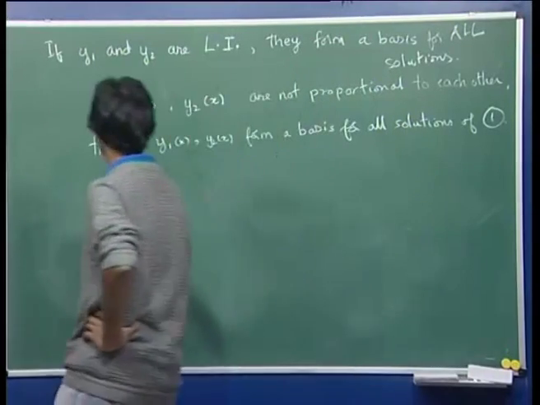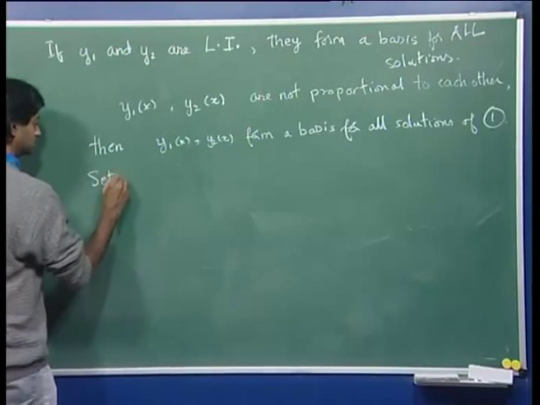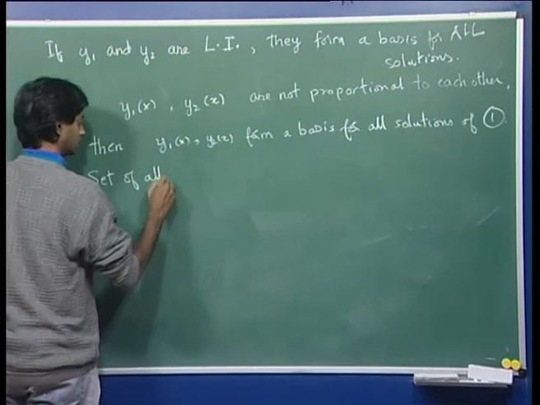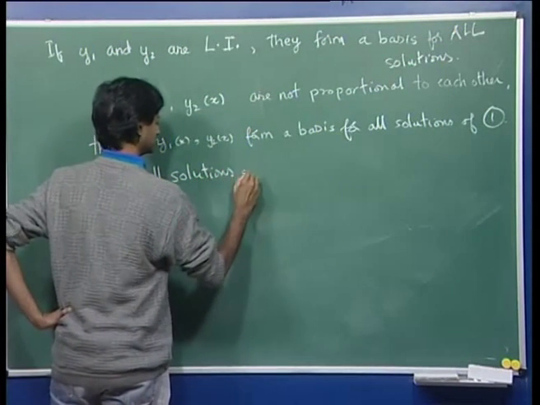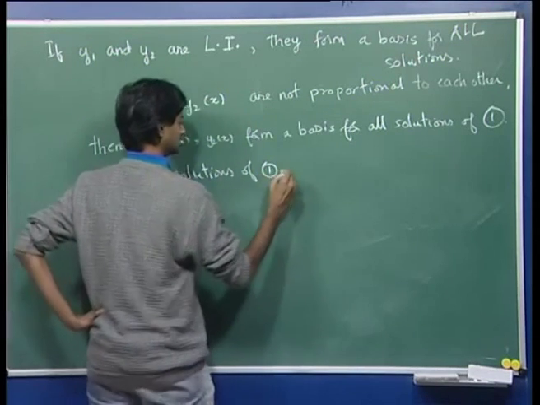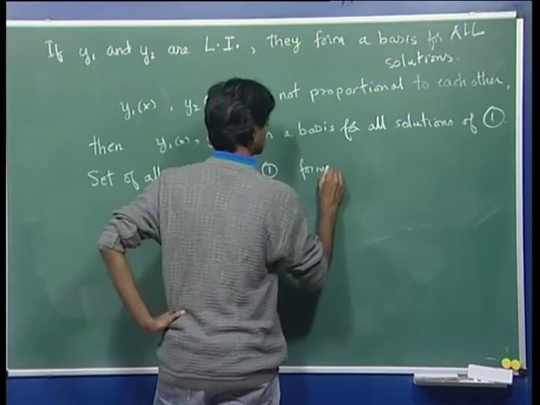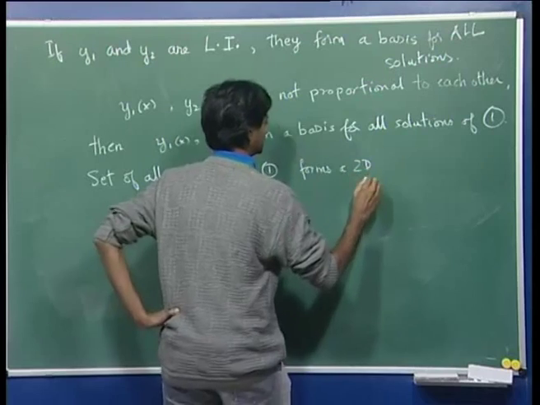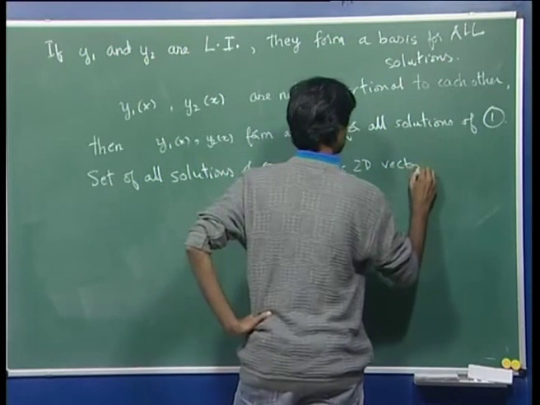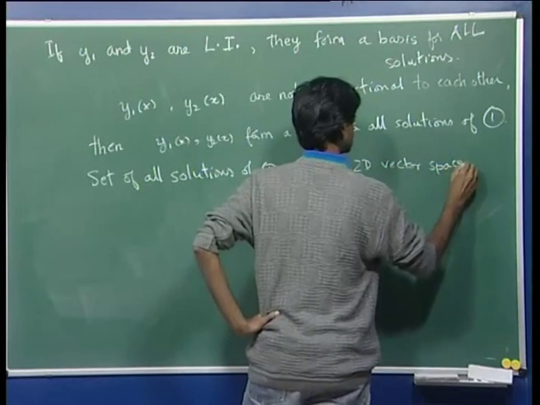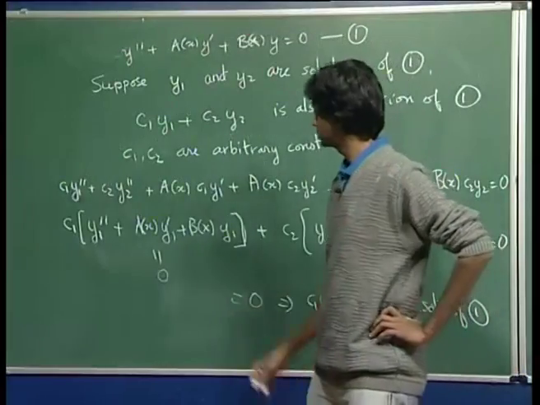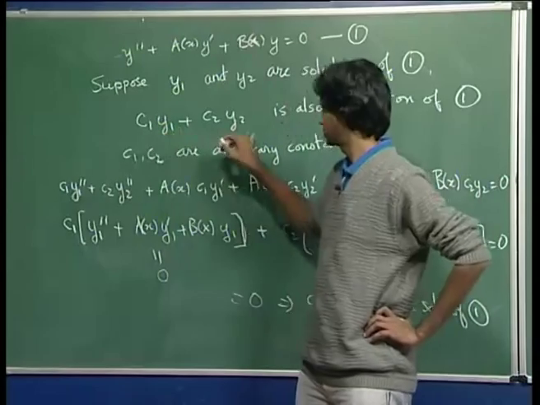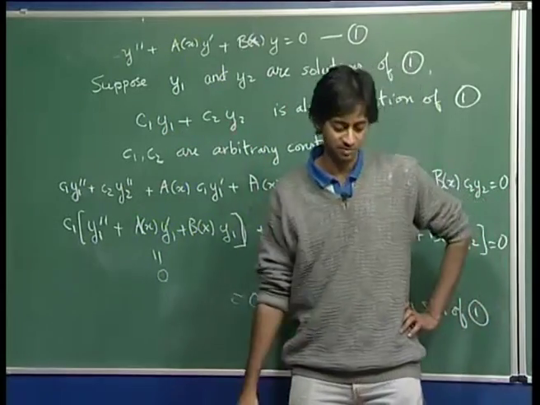So you can say this set of all solutions of 1 forms a 2D vector space. Okay. So it forms a 2D vector space because if y1 and y2 are solutions, then any linear combination of them is also a solution.